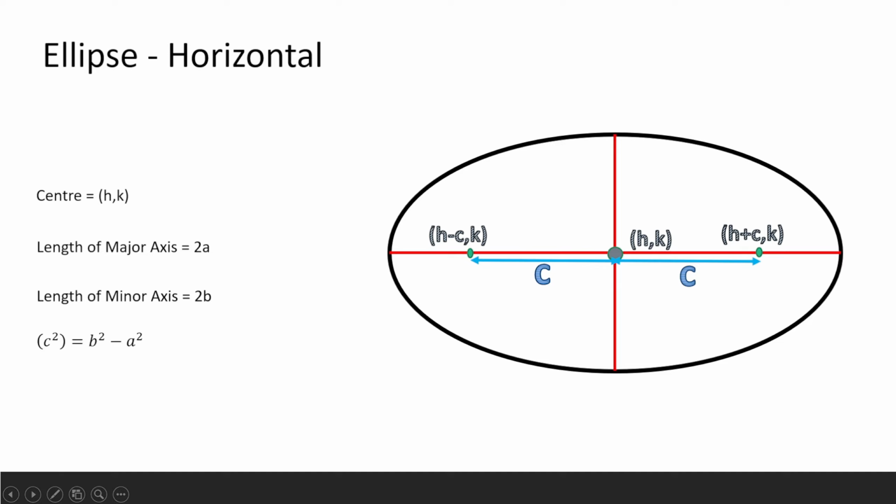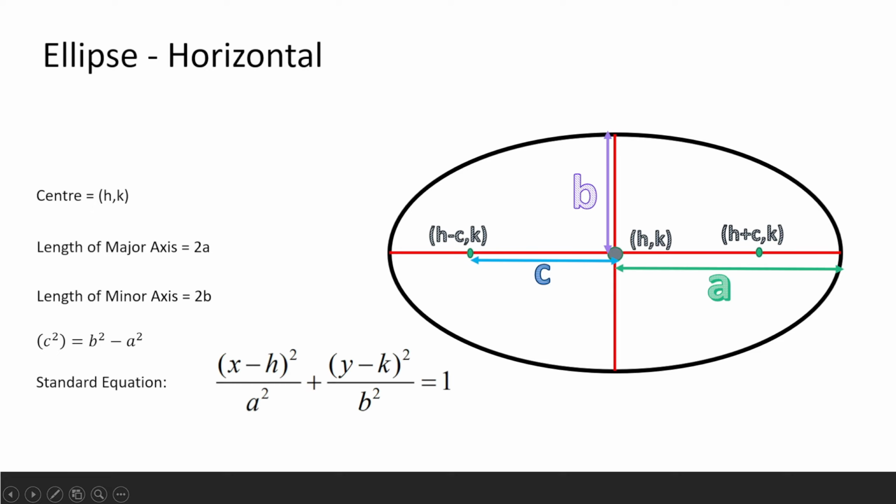You could also find the coordinates of the center point if you have the coordinates of both focal points. And this is the standard equation for an ellipse: (x minus h) squared over a squared plus (y minus k) squared over b squared equals 1.